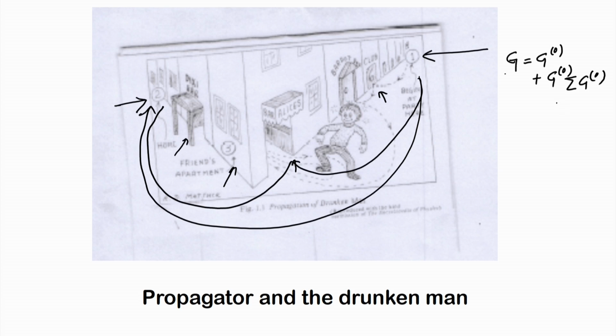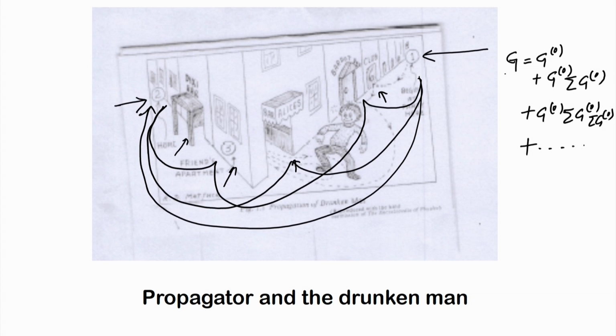So, one is g 0, then he scatters at the bar and then he goes back home, or he could do two bars and then finally go back home. So, he goes here, then here, then goes home and so on. So, his entire trajectory will be formed by taking the combinations of all these paths that he takes, and this full propagation would be described by the perturbation theory that we have presented here.